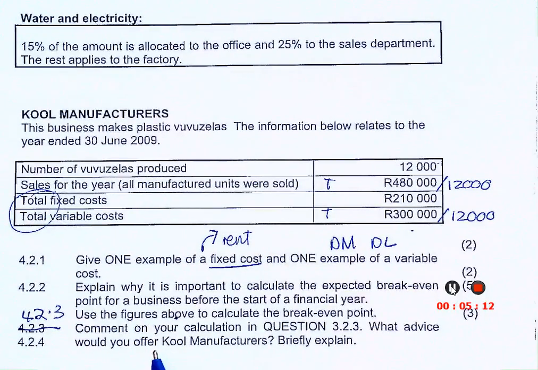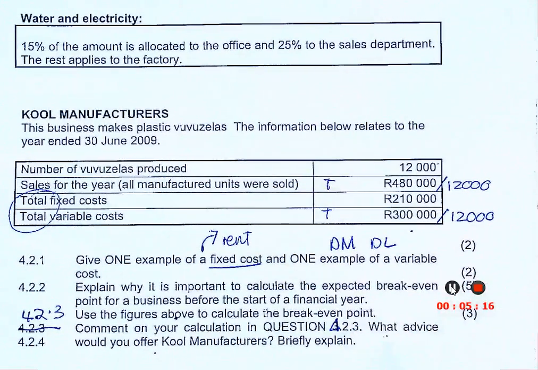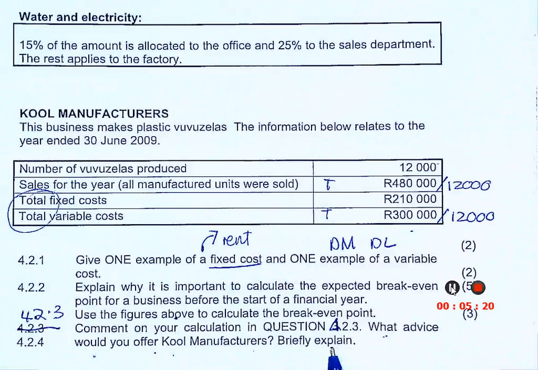Comment on your calculation in 4.2.3. What advice would you offer Kool manufacturers? Briefly explain. So, whenever they ask you advice and you have to calculate a break-even point, what you do is you go and you compare the break-even point to the units produced.